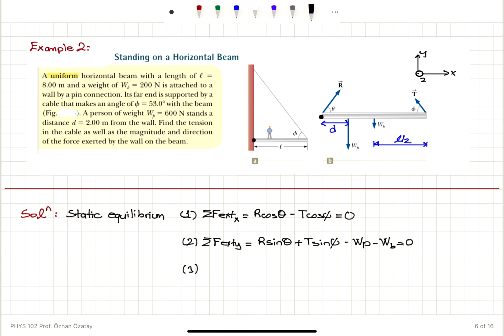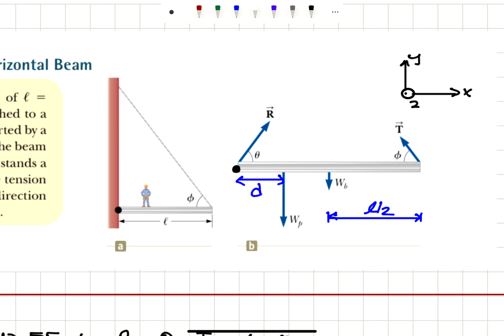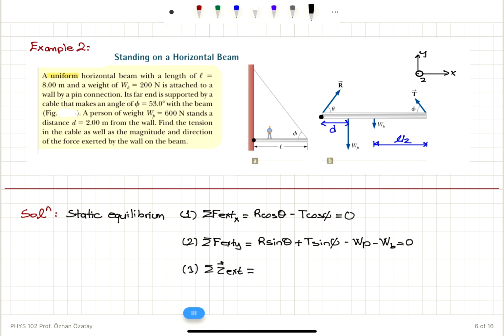And number 3, rotational equilibrium requirements. So let's take the rotation axis at the left end so that this contact force will have no contribution. So this is the pivot point I have chosen. The net external torque acting on the beam would be, so let's see here, this is the pivot point, this is the force WP pointing down, then I see that perpendicular distance d times WP in minus k hat direction will be the torque.